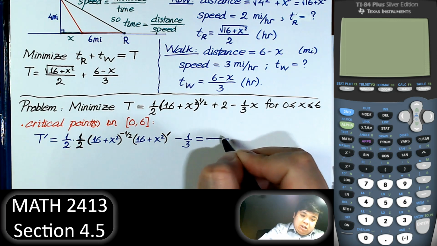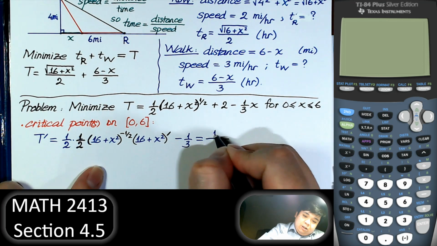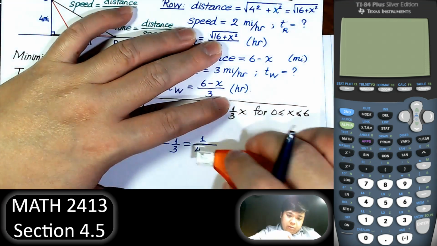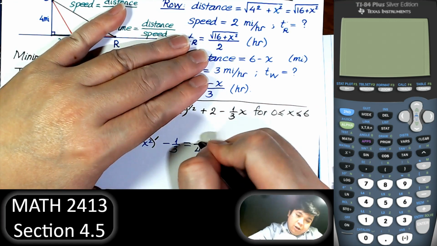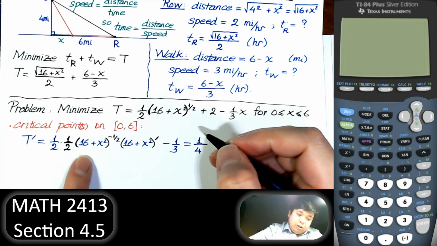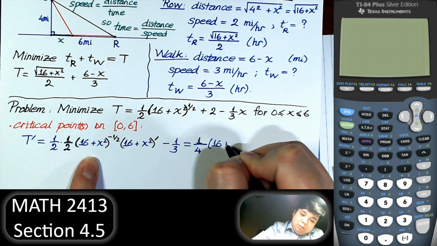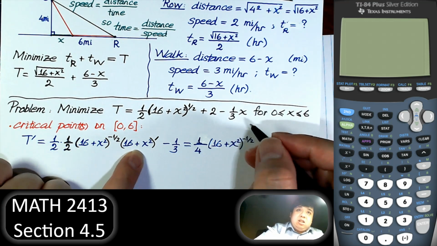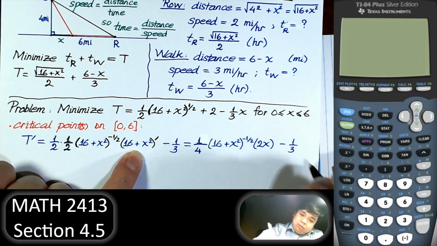So let's rewrite this. 1 over 4, and we still have 16 plus x squared to the negative 1/2, and the derivative of 16 plus x squared is 2x, minus 1/3.